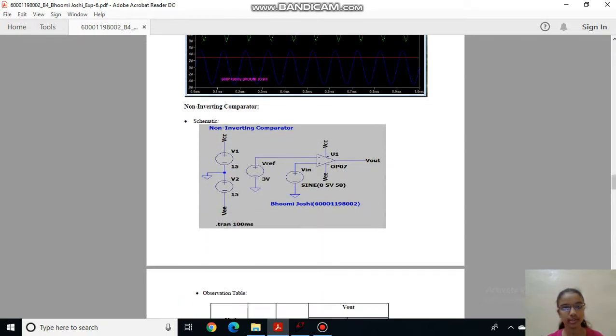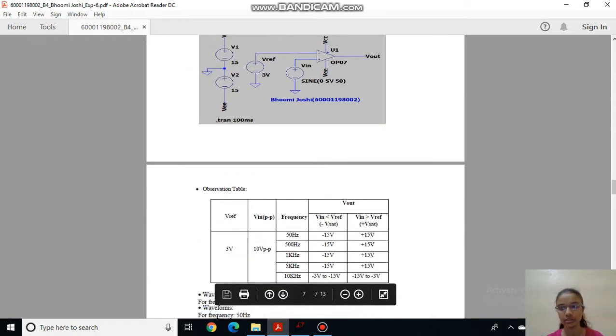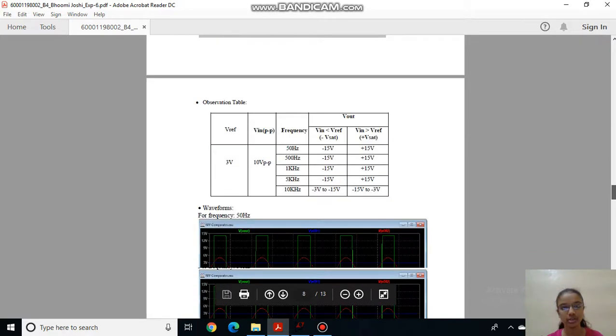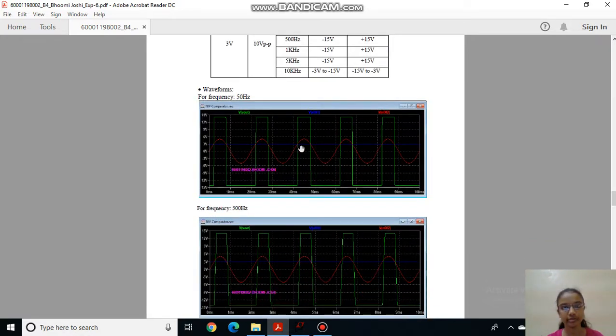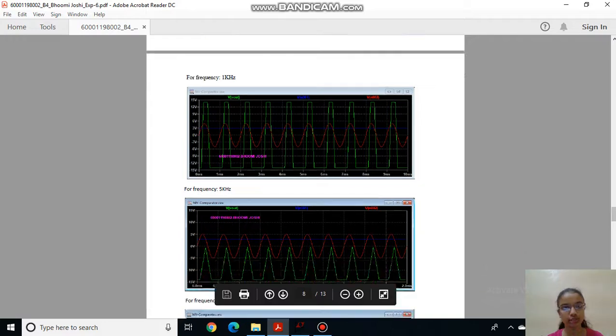So for that, this is my non-inverting comparator. We have already seen for 500 Hertz. So this is my output waveform for 50 Hertz. This is for 500 Hertz. And this is for 1 kilohertz.